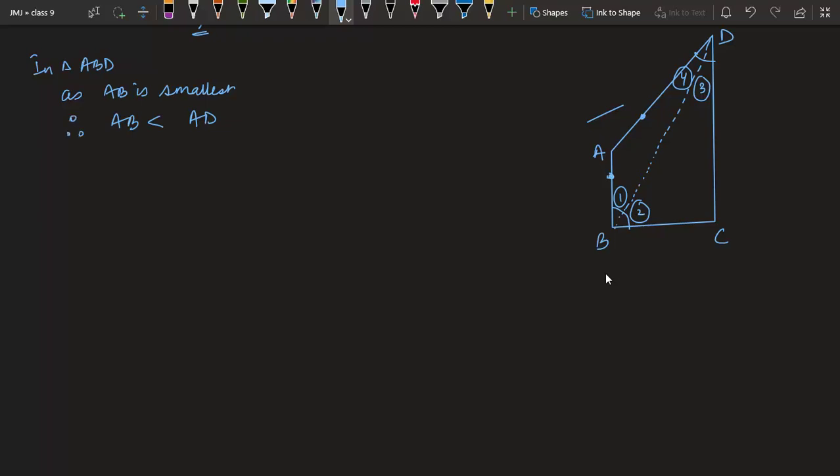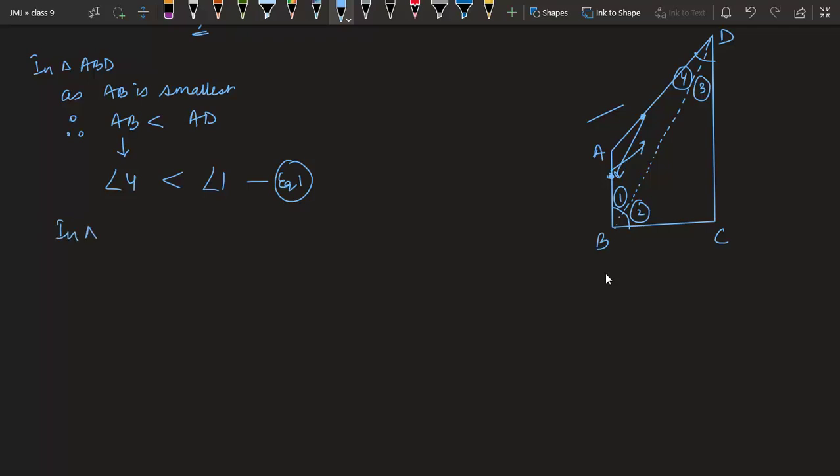Therefore, angle opposite to AB is angle 4, and angle opposite to AD is angle 1. So we have got the first equation.